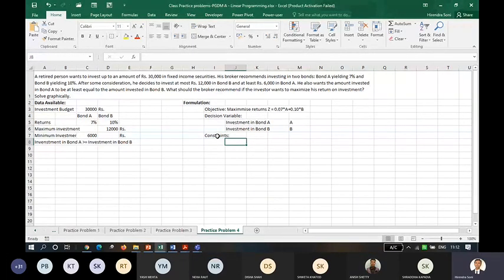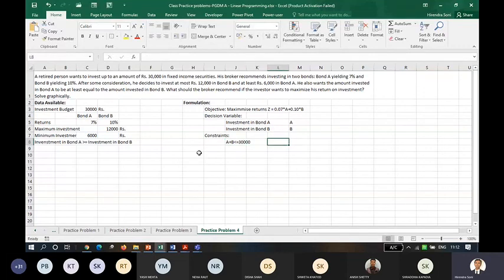Now for constraints, it would be investment in A, that means A plus B has to be less than or equal to 30,000.